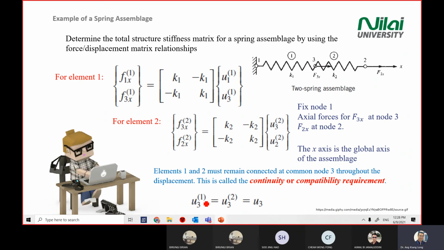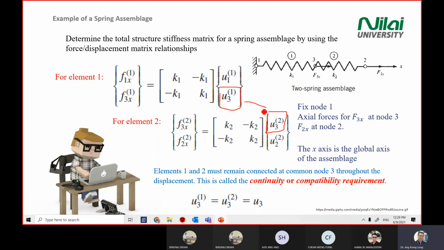Now, what does this continuity requirement mean? It means that whatever you move at any point here, it will affect the others. So it means that movement at point number 3 will be the same in the case of element 1 and element 2, meaning that U31 will be the same as U32, which is the meeting point of these two elements.